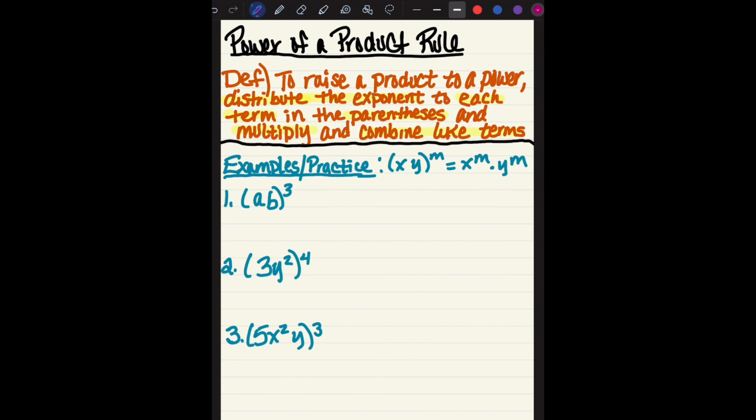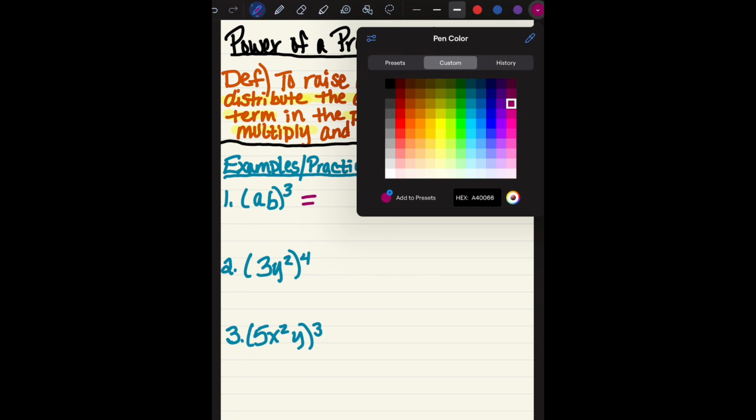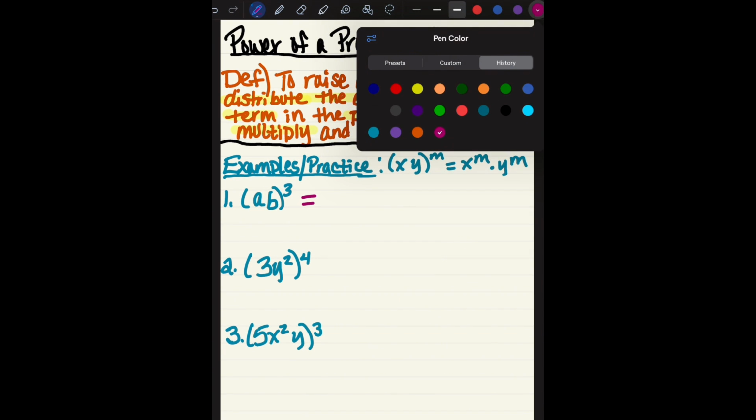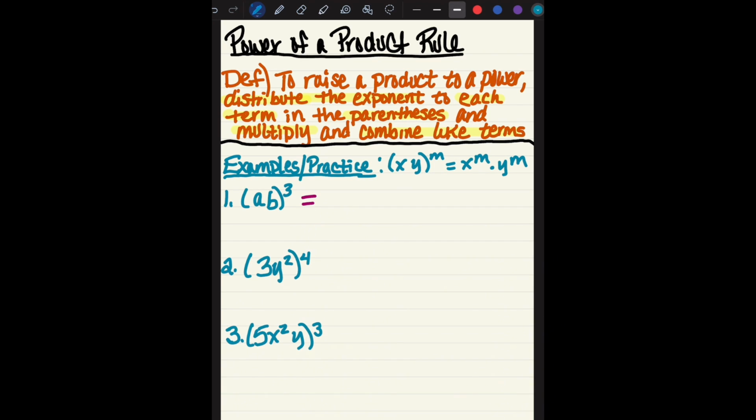Number one, we have a times b, raised to the third power. Let me change my color right quick. a and b is our product. First we must separate the terms: a times b.